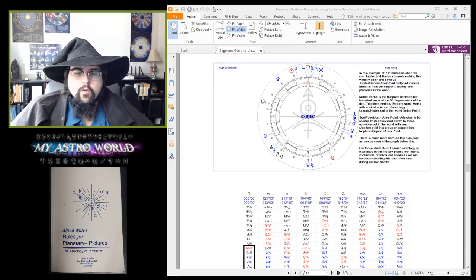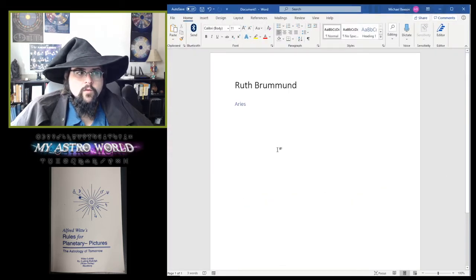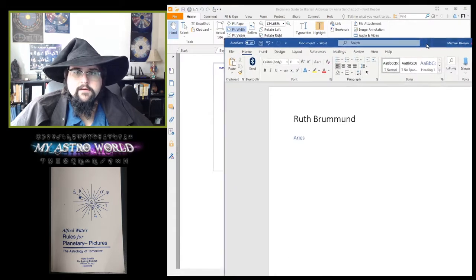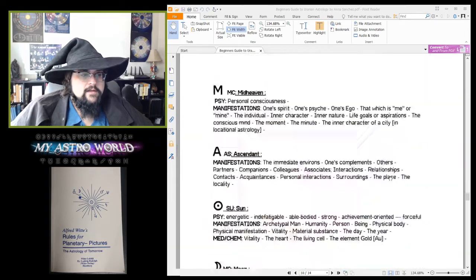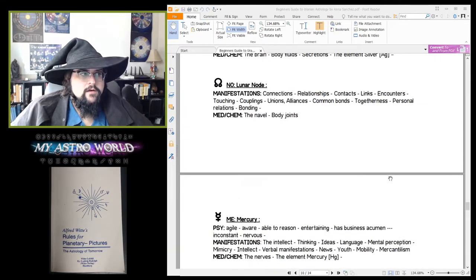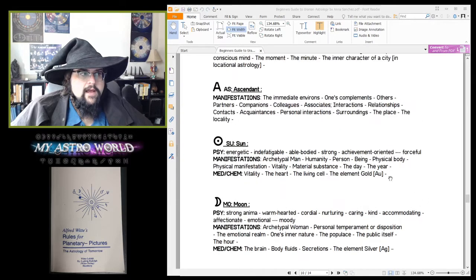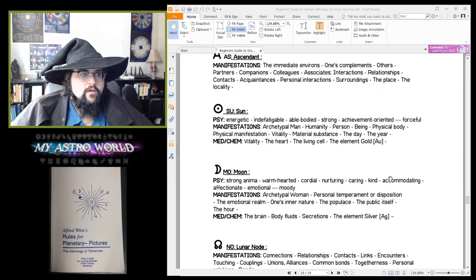So what we will do is we'll bring up Word and we look at Aries. Well, what is Aries? The Aries point, we do have it defined. So the definition is going to be in here. And we have, where is it?